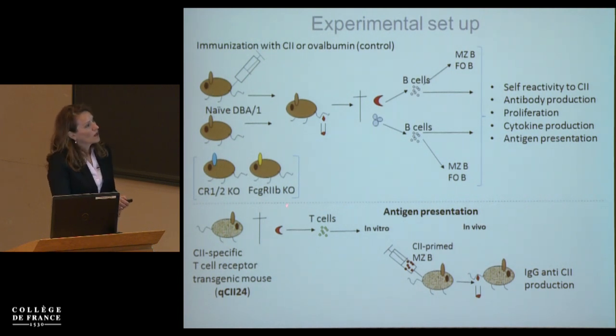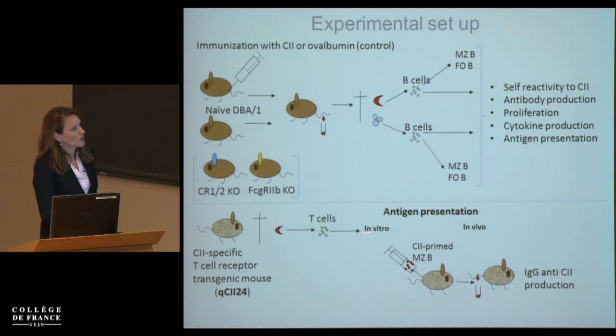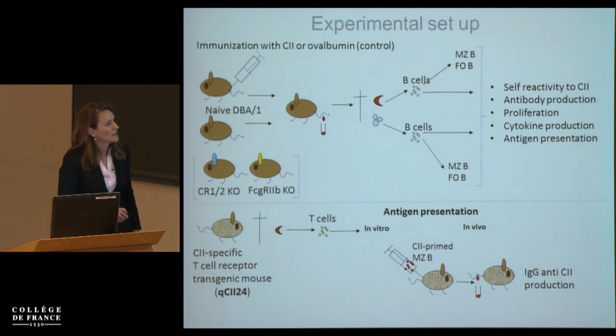If you sacrifice the mice and take out the spleen, you can prepare T cell suspensions, and these T cells have been used in antigen presentation assays. In vitro, we used these collagen-primed cells together with the T cells and looked at whether the T cell has been activated.